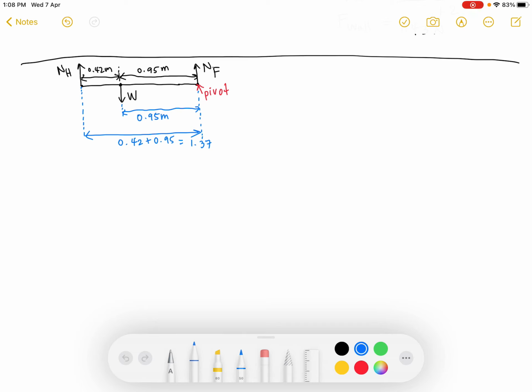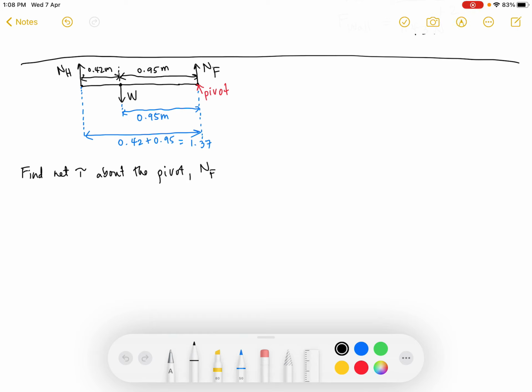Okay, so once you have your forces and your pivot point, you can now do your torque equation about the pivot point. Find the net torque about the pivot point, which is NF in our case, because we put the pivot point at NF.